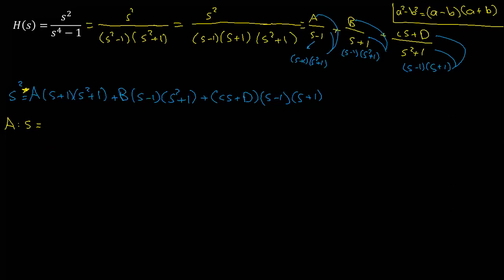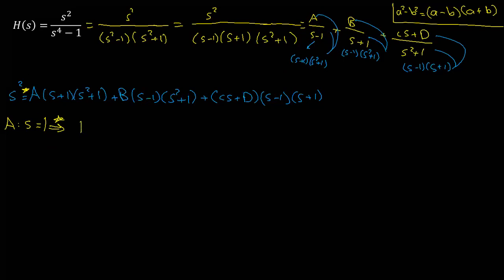As I said, you need to determine the value of s such that the denominator of A is 0. So it will be 1, and at that time, you will cancel out this and this. So s equal 1.